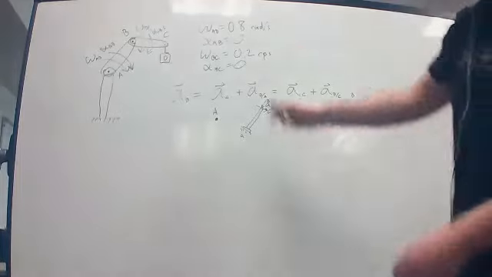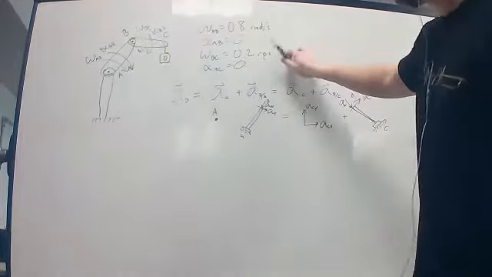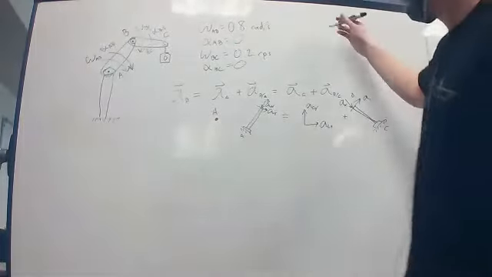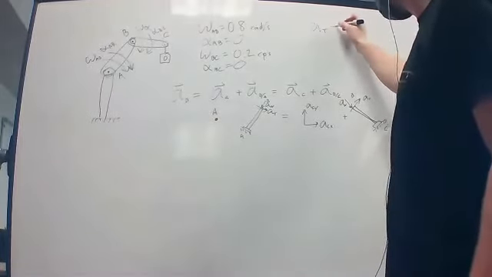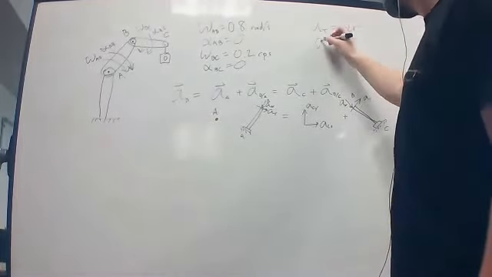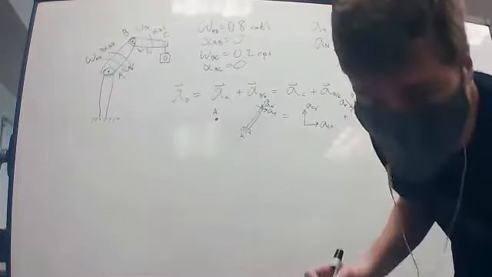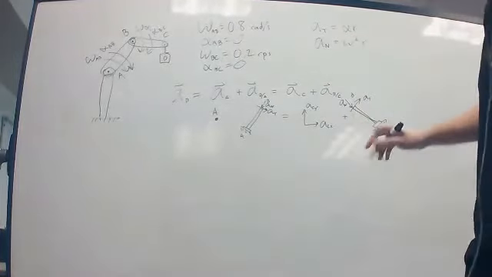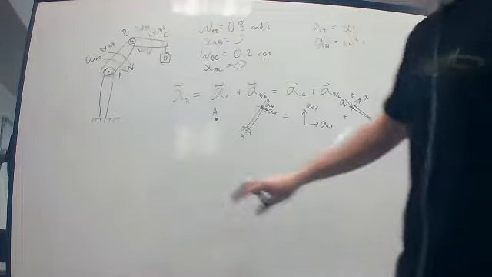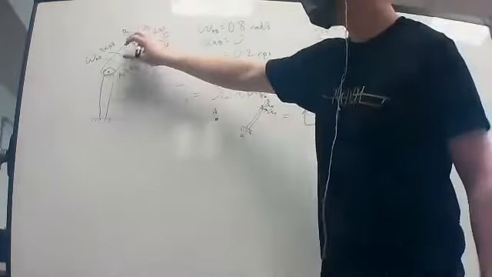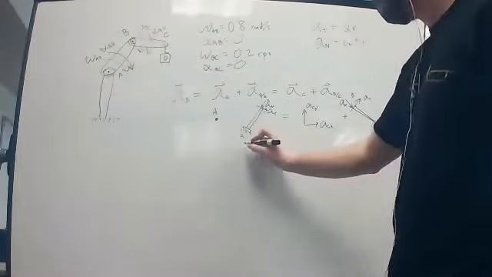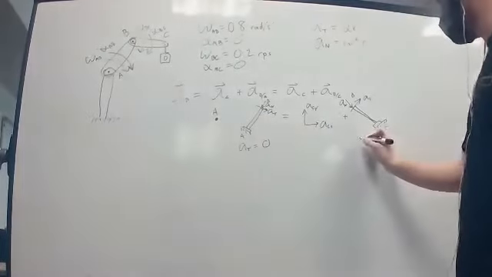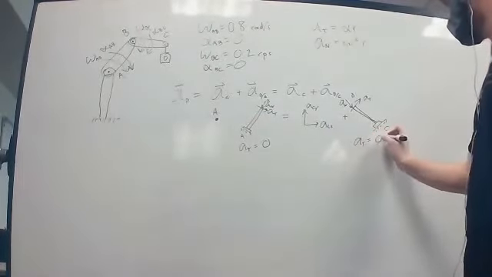From our information that we'd found at the beginning, we can say we know that AT is alpha R, and AN is omega squared R. So using these two rules, knowing that the alpha values for both pieces are 0, we can go ahead and say that AT here is 0 and AT here is 0.